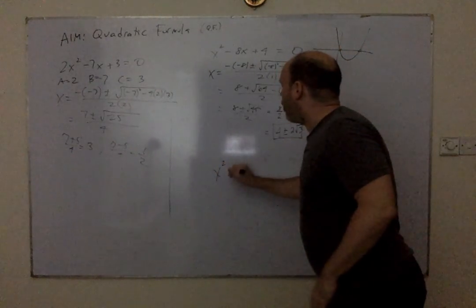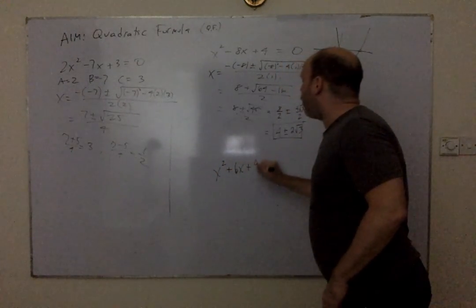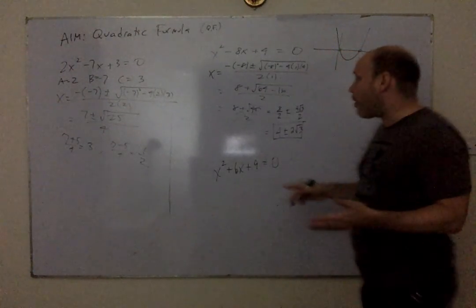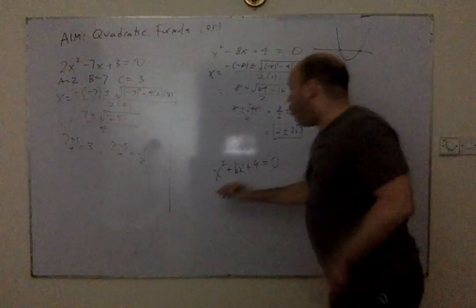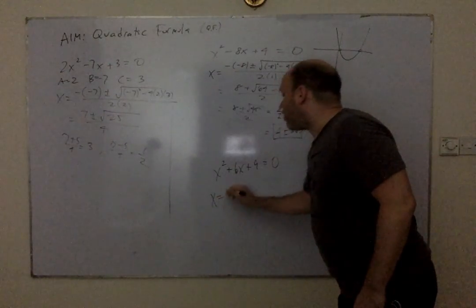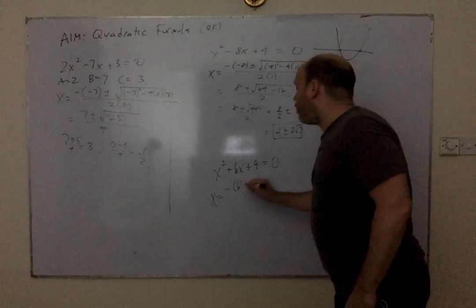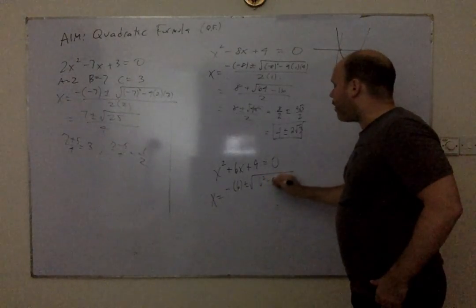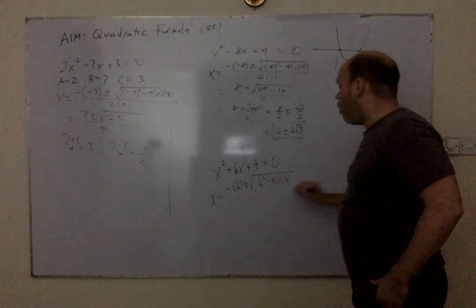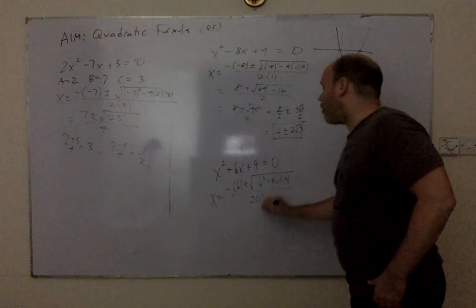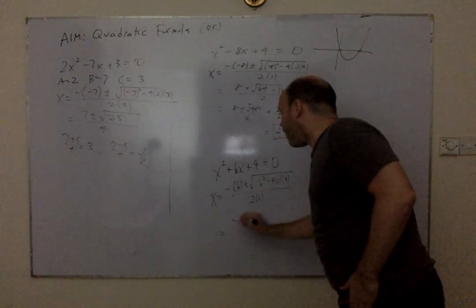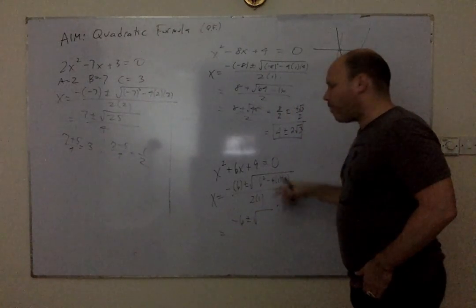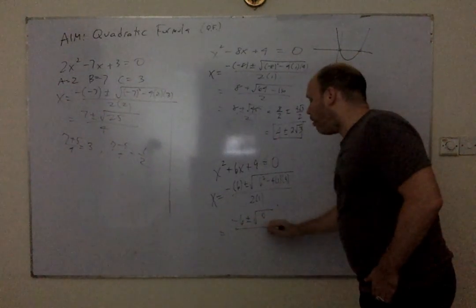Okay, next problem I want to look at. x squared plus 6x plus 9 equals 0. Let's use the quadratic formula here. So we have x equals negative 6 plus or minus the square root of 6 squared minus 4ac all over 2 times 1. And so we end up with negative 6 plus or minus the square root of 36 minus 36, or 0, over 2.